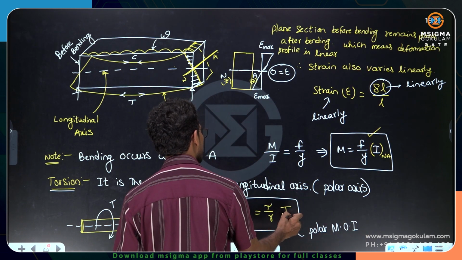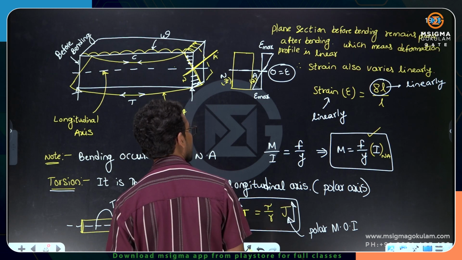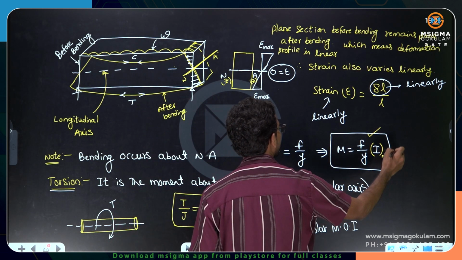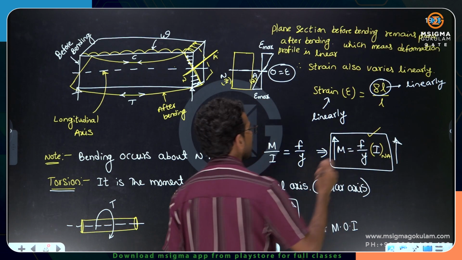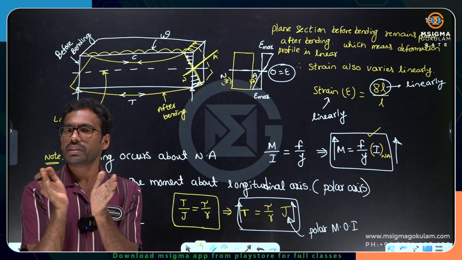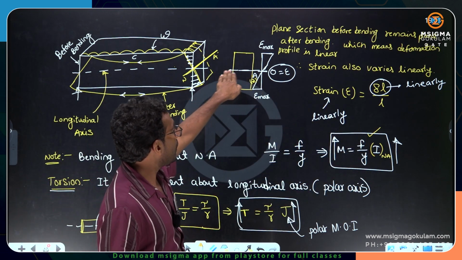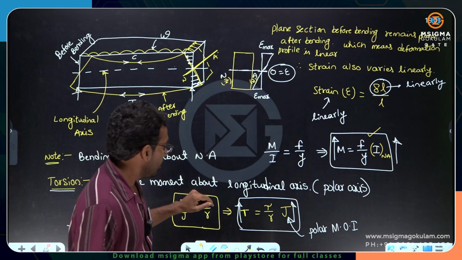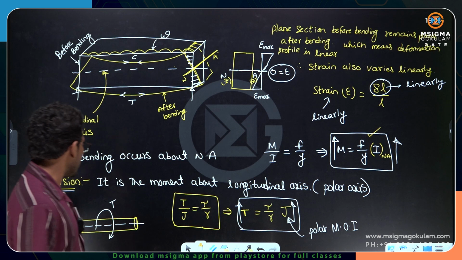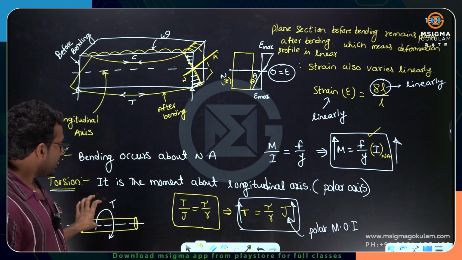A section which has more polar moment of inertia will take more torsion capacity. A section which has more moment of inertia about the neutral axis will take more bending. Very simple logic. Any section with more moment of inertia about the neutral axis, which is always a horizontal axis, carries more moment. If it has more moment of inertia about the polar axis perpendicular to the cross section, then it takes more torsion.